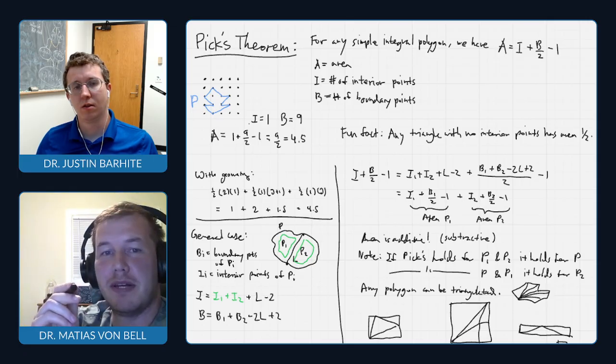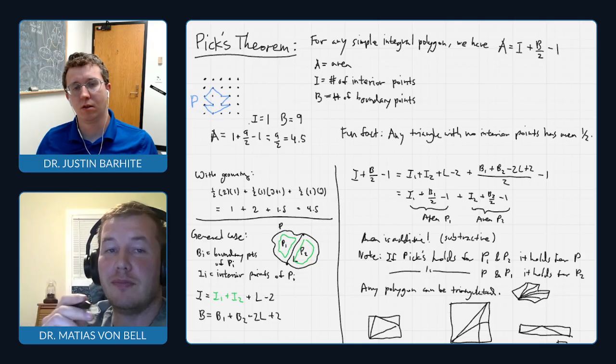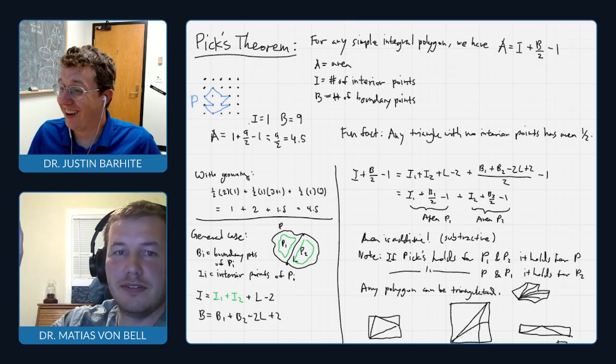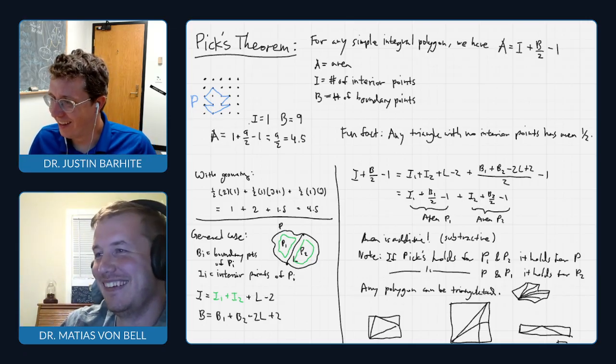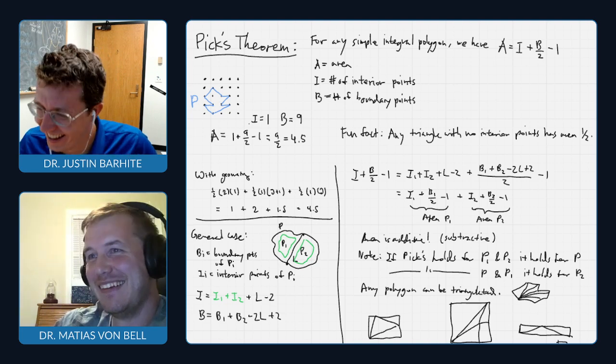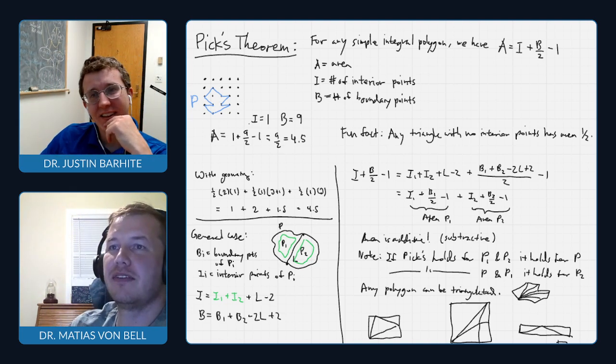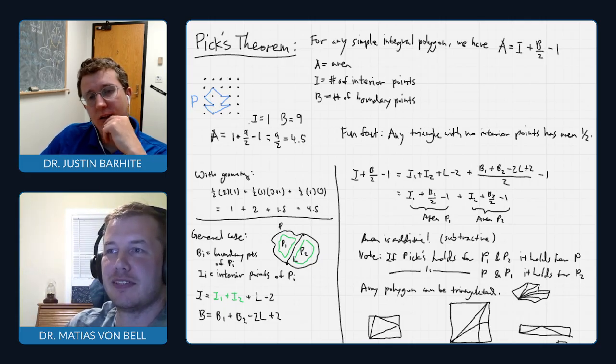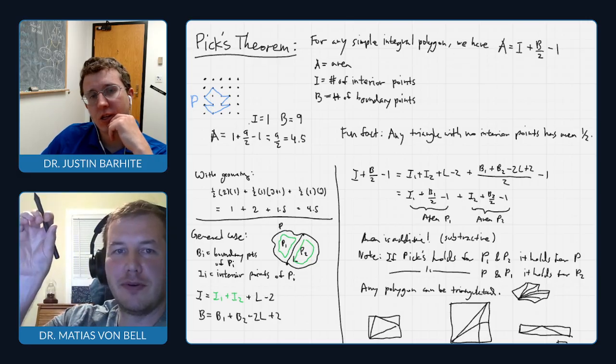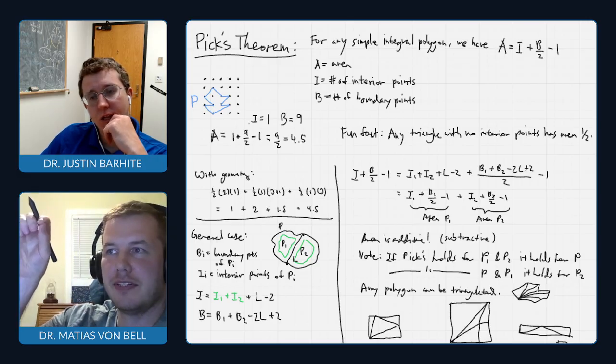One thing that didn't come up, but I know you know about, is the shoelace formula, which you told me about once. There's another nice way to compute the area of a polygon like this, but you actually have to know the coordinates of the vertices.